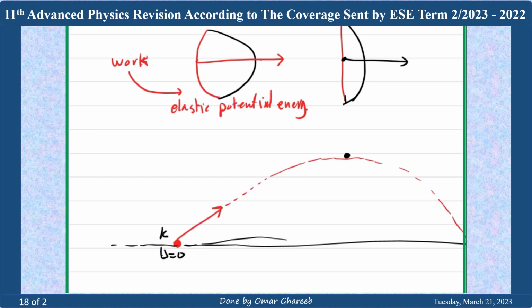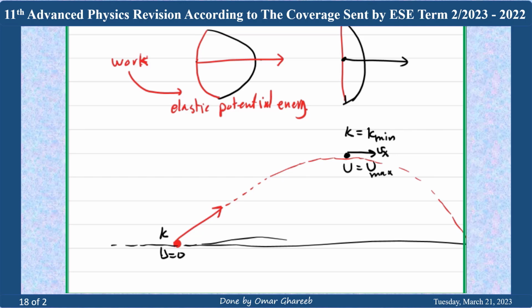No, surprise: we have a horizontal velocity, which will not change. So here we have kinetic energy and potential energy. But what is the special situation here? The potential energy is a maximum, and the kinetic energy is a minimum.